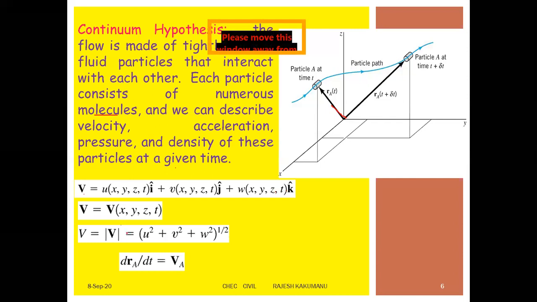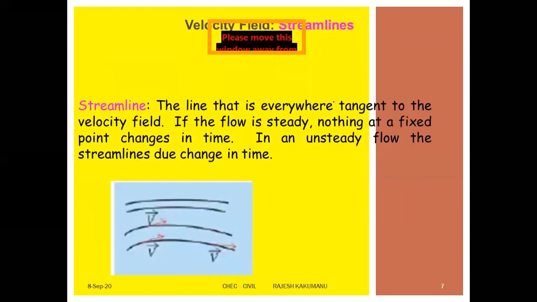Now what is V here? V of x, y, z, t. The magnitude of V equals u square plus v square plus w square, to the power of 1 by 2. When differentiating, dRA by dt equals VA.